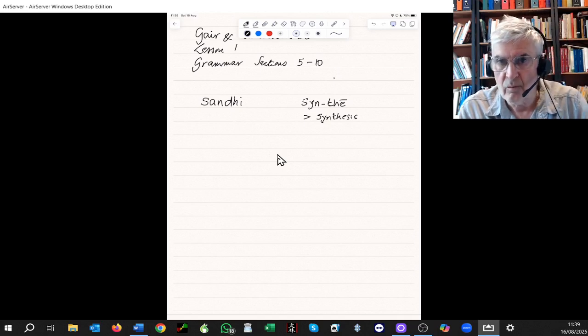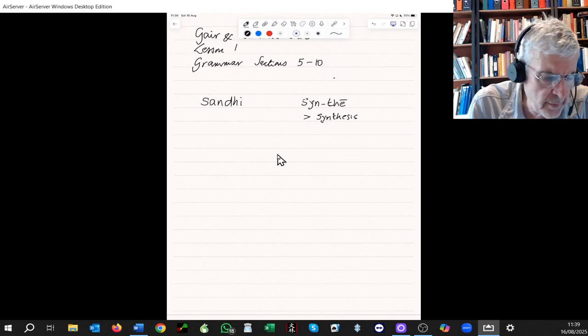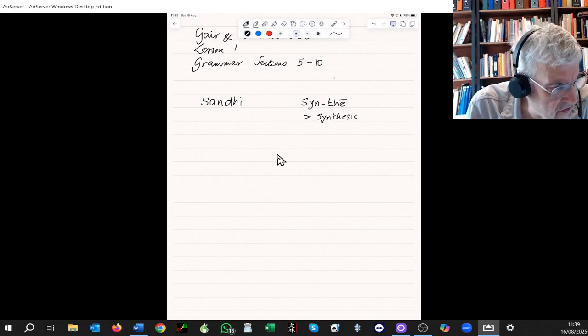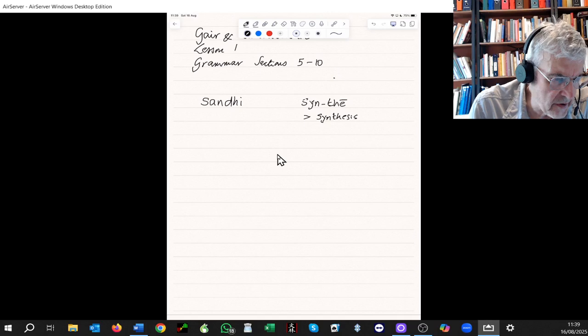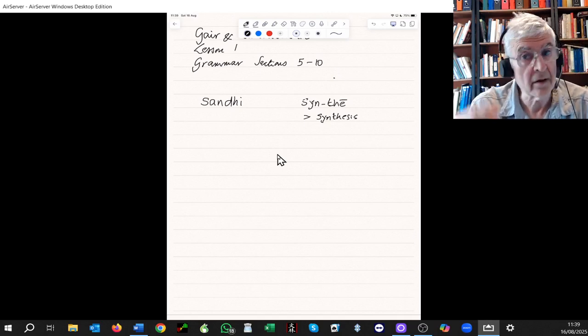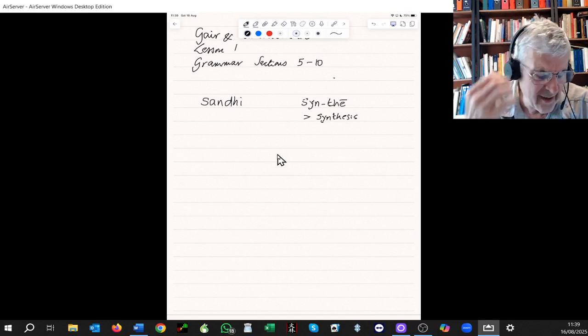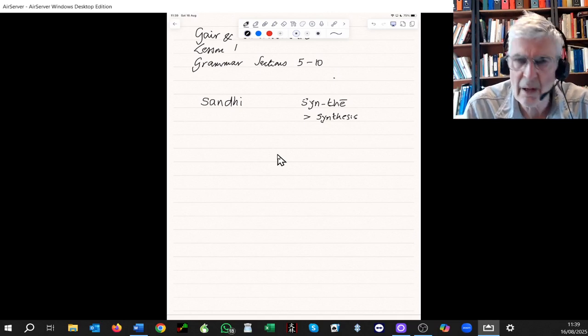So the end of one word collides with the beginning of the next word, and some alteration in form takes place. In Pali, those rules are less rigidly applied than in Sanskrit. The rules that you've got to learn are far fewer in Pali than in Sanskrit. And again, I do emphasize, pick them up as you go along.